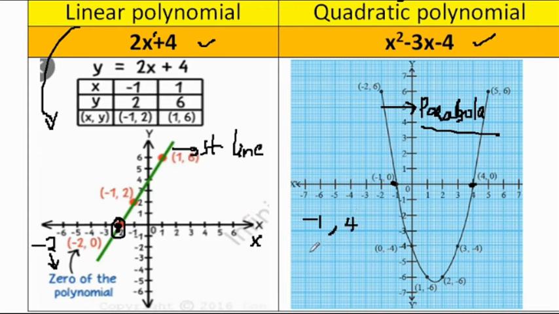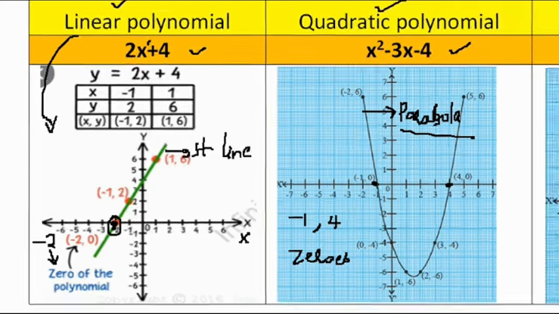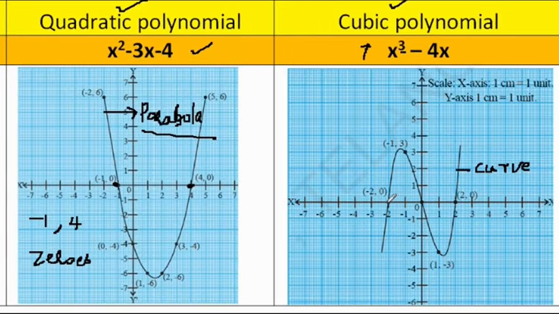So minus 1 and 4 are zeros of the polynomial x square minus 3x plus 4. Sorry, minus 4. This cubic polynomial is meeting the x-axis at minus 2, 0 and plus 2. Therefore minus 2, 0 and plus 2 are zeros of the cubic polynomial.